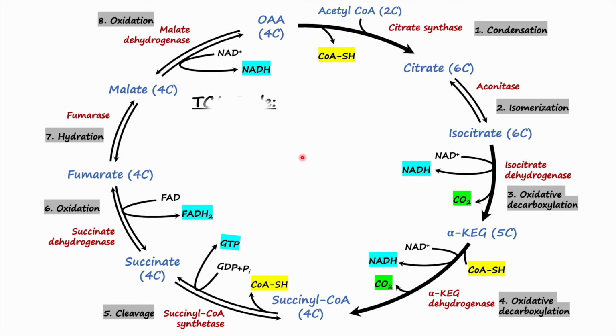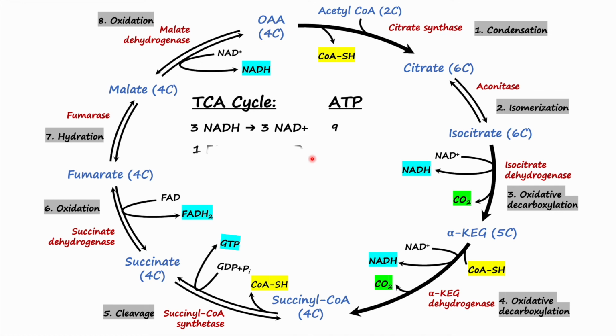So the TCA cycle, or citric acid cycle, generates 3 NADH. When these NADH are oxidized through the electron transport chain, it approximately synthesizes 9 molecules of ATP. That means 3 ATP are synthesized from 1 NADH.